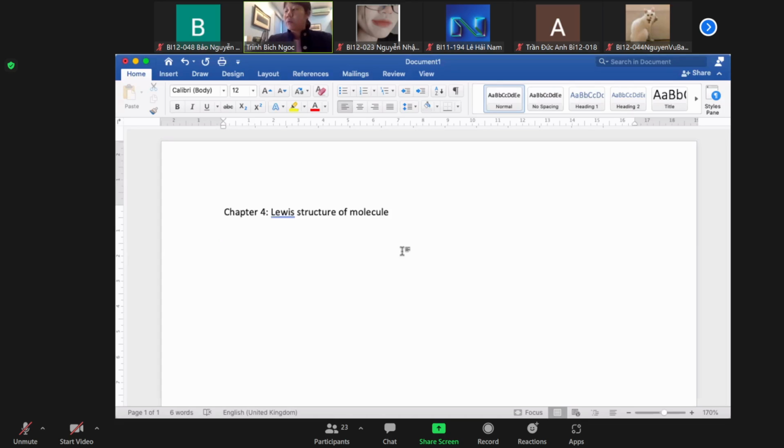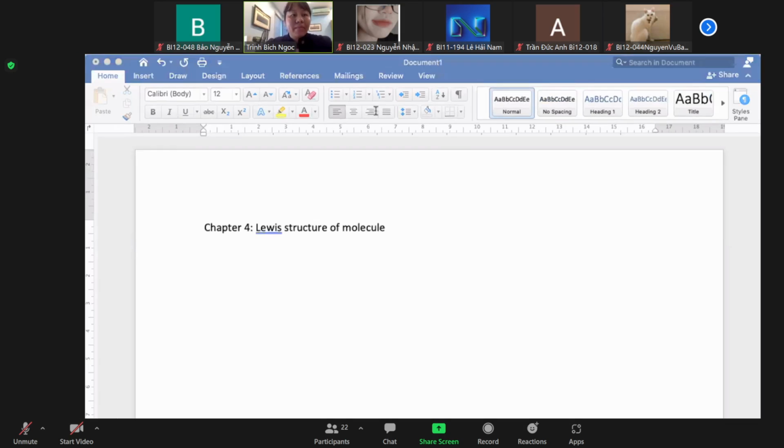So a Lewis structure is a diagram that represents the bonding between atoms and the lone pairs of electrons that may exist in the molecule.